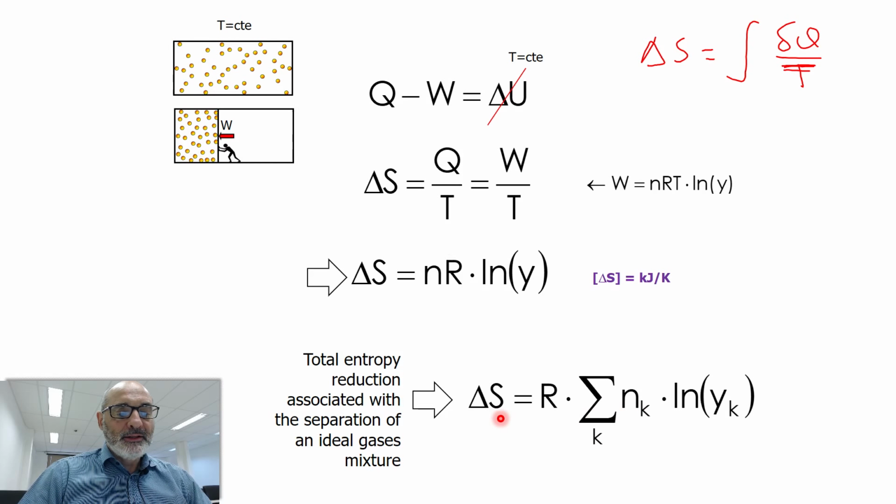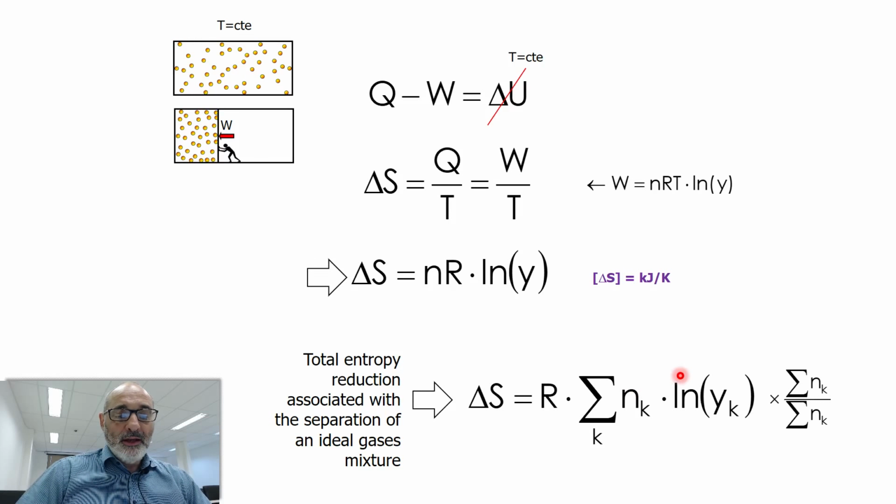This is the total entropy reduction associated with the separation of an ideal gas mixture. Remember, since I use this formula, Y has to be a molar concentration. I don't have the liberty now of using a mass concentration with this form of formula.